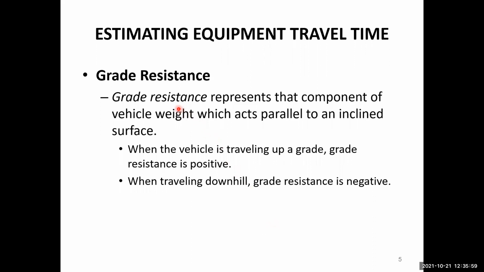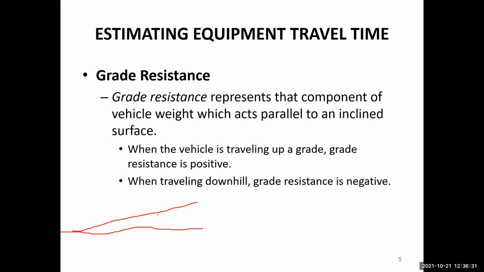So let's see the grade resistance. Grade resistance represents that component of the vehicle weight which acts parallel to an inclined surface. For example, if the vehicle is moving on a grade, this is the horizontal surface, and this is the inclined surface.